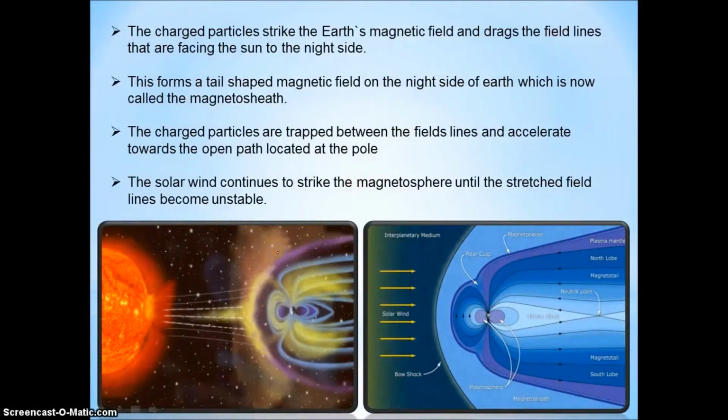Once these charged particles strike our planet's magnetic field, the two magnetic fields converge and drag the fields to the opposite side. While this happens, the charged particles become trapped between the field lines, and due to the magnetic field, the particles start moving in a circular motion. This is because the magnetic force acts as a centripetal force, and the force pushes the particles towards the center at all times.